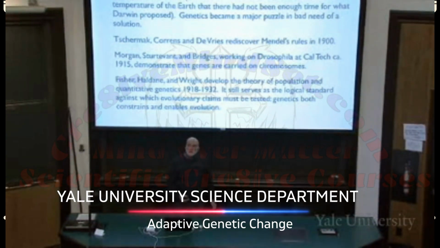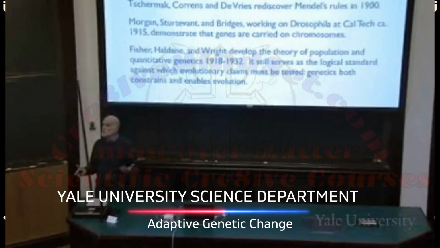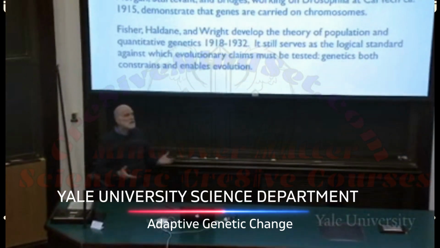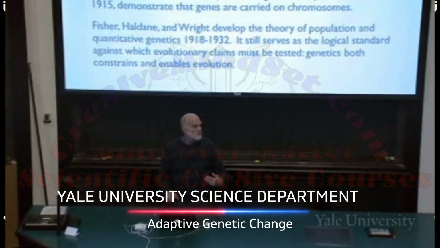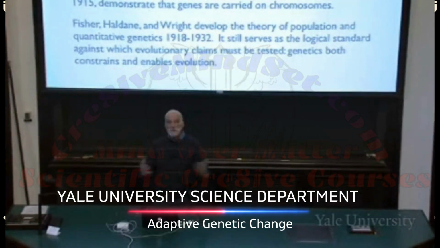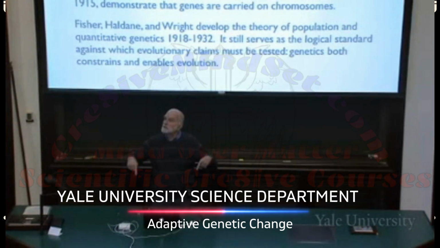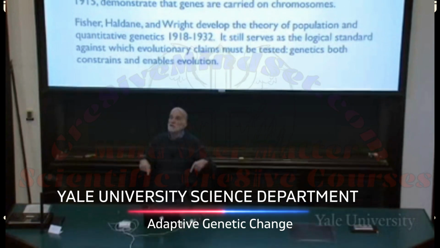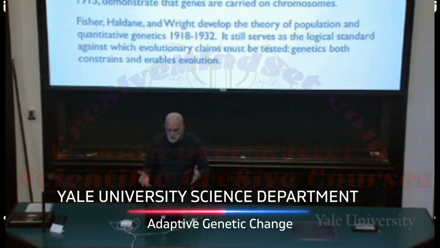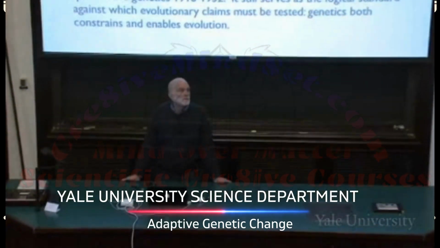However, there were still issues about whether all of this would actually work at the population level. It was not immediately clear that you could take Mendelian genetics and construct populations out of it that obeyed Mendel's laws and have natural selection work. To do that actually required a fair amount of math, and the people who did it were Ronald Fisher, J.B.S. Haldane, and Sewall Wright.